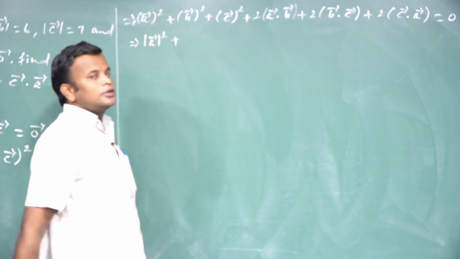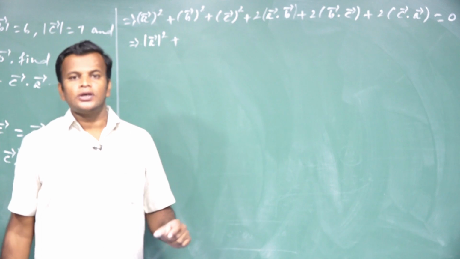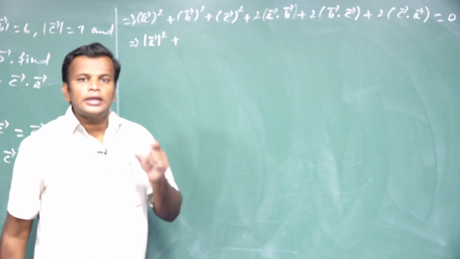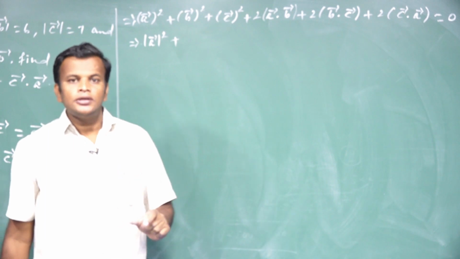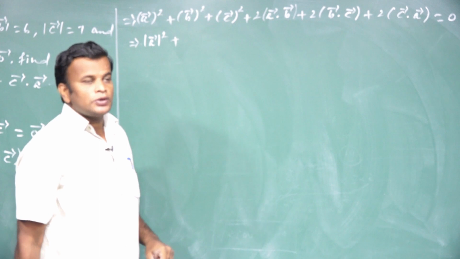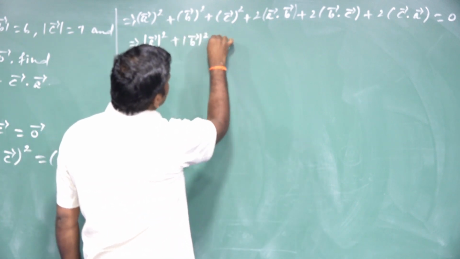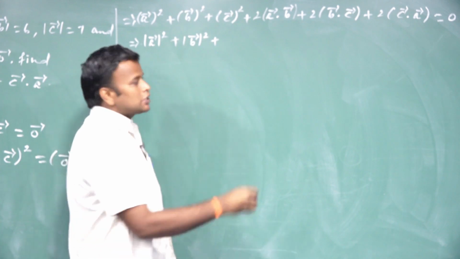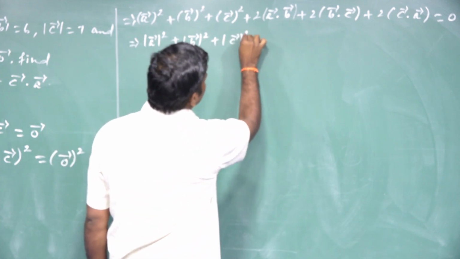A vector square, or modulus A vector square, or A square, we can write in any manner. But in the given data, modulus A, modulus B, modulus C are involved. So I write A vector square as modulus A vector square. How to write B vector square? Modulus B vector square. We write C vector square as modulus C vector square.